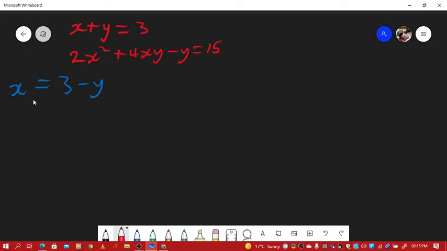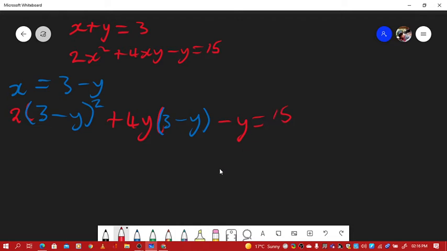Okay, so now I'm going to substitute x with this expression, 3 minus y. So from this equation I have 2 into, now I'm substituting x with 3 minus y, squared, plus 4y into this x, of which it's 3 minus y, minus y is equal to 15.